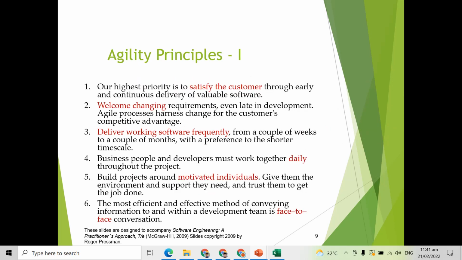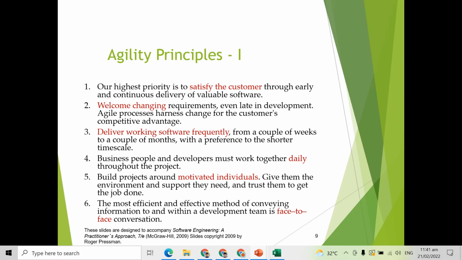And agility principles, which is part 1. Our highest priority is to satisfy the customer through early and continuous delivery of valuable software. Second, welcome changing requirements even late in development. Agile processes harness change for the customer's competitive advantage. Third, deliver working software frequently, from a couple of weeks to a couple of months, with a preference to the shorter time scale.